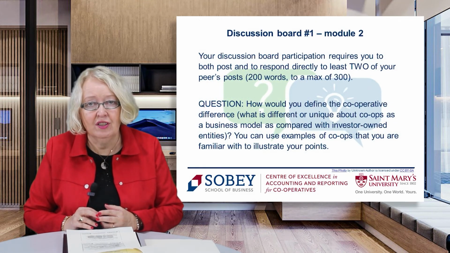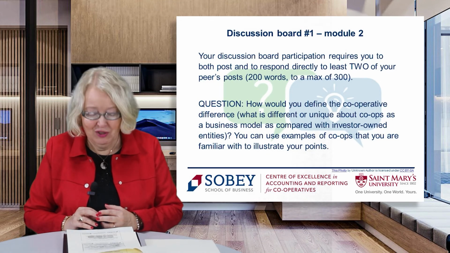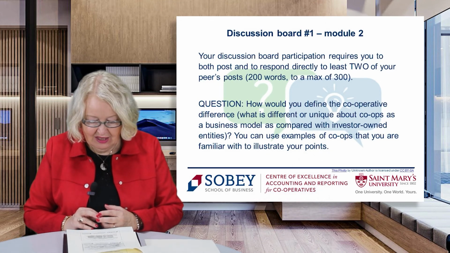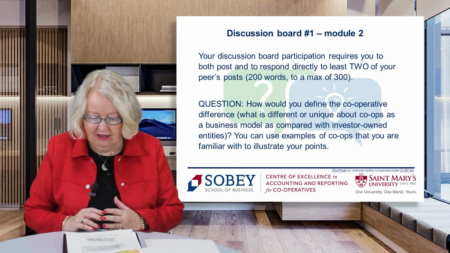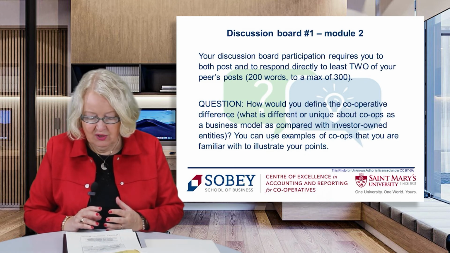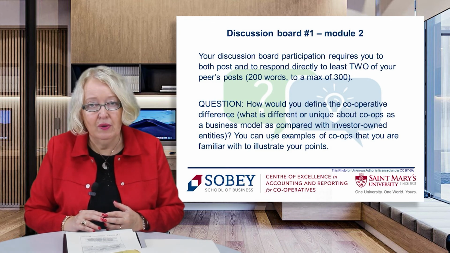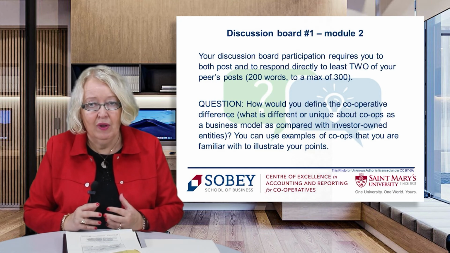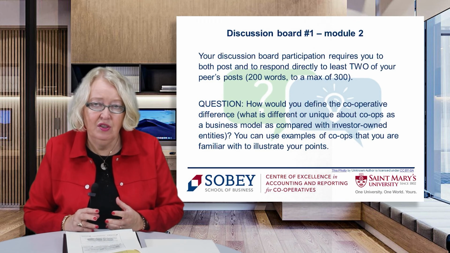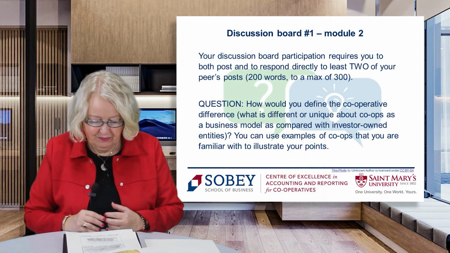So the first discussion board, you won't see that till you get to Module 2. And what you're expected to do is do your own posting and respond to at least 2 other peers' posts. And the total discussion board in terms of your initial posting should be between 200 to 300 words.